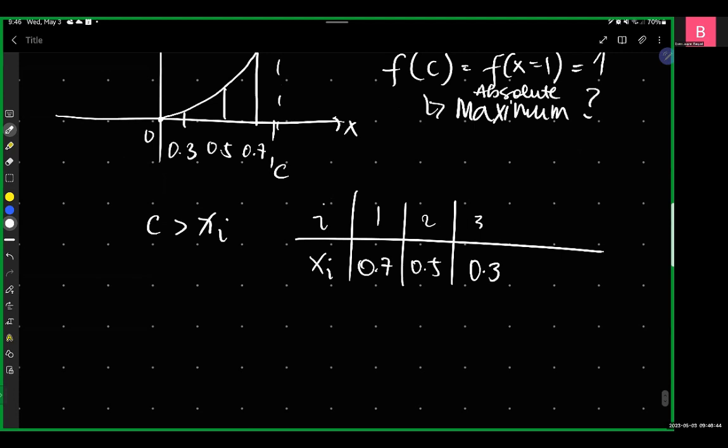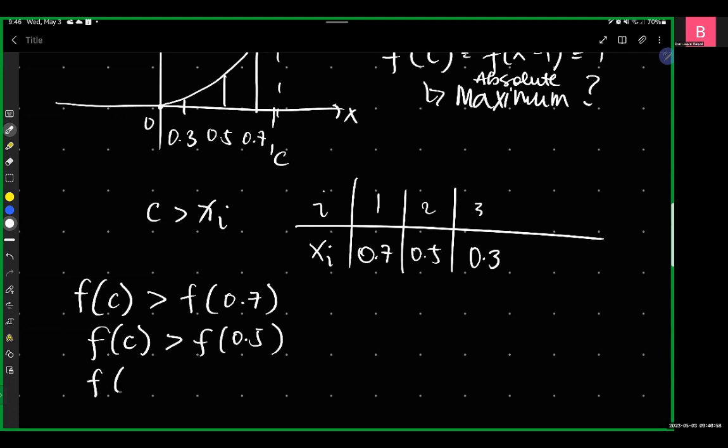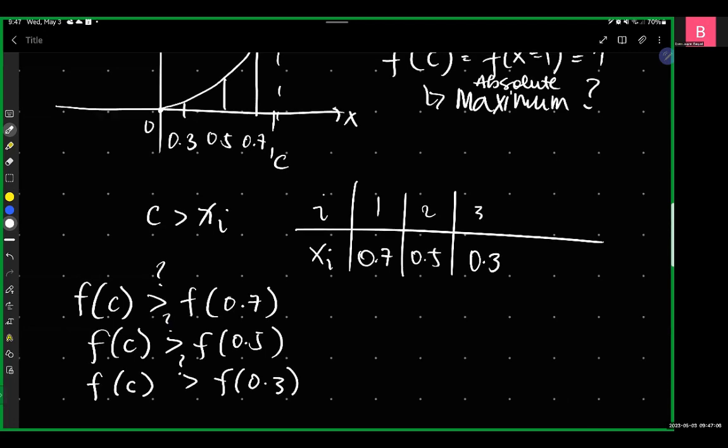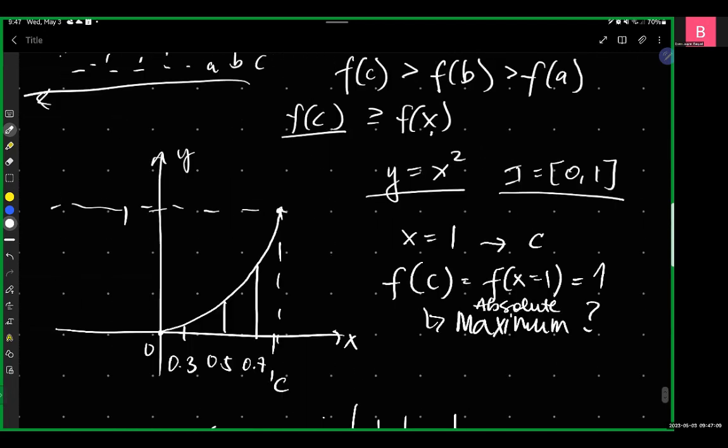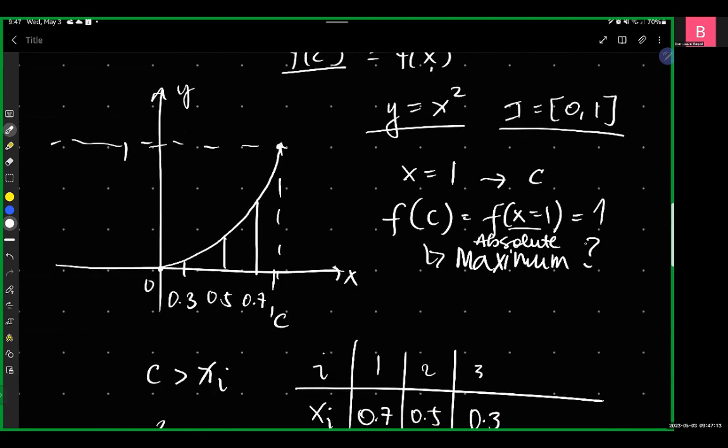Now, we want to see whether f of c is greater than f of 0.7, f of c is greater than f of 0.5, and f of c is greater than f of 0.3. We want to see whether this is true and see for ourselves whether f of c, where c is just x equals 1, is the absolute maximum.